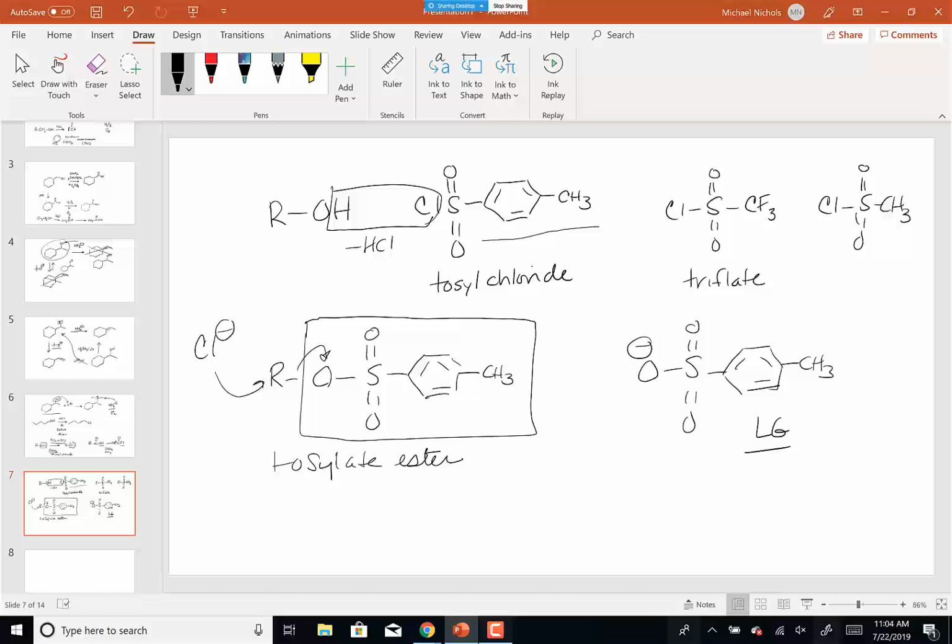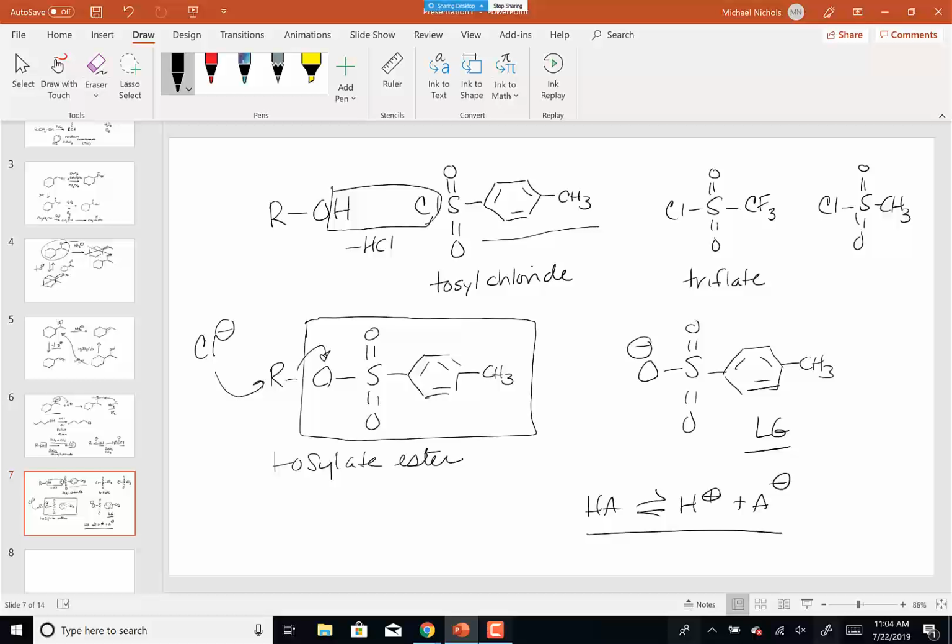Why is it a terrible base? There's my acid-base equilibrium. What can I do to push that equilibrium towards the right?